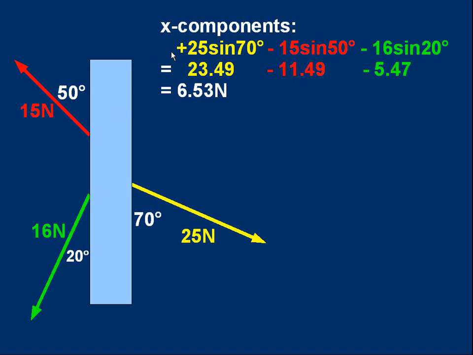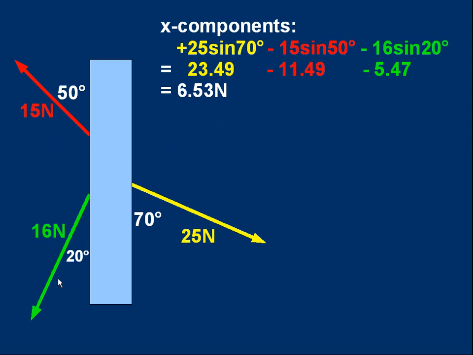And here they are. Start with the yellow force, 25 newtons. The x component, that's a part of it to the right, is plus, because it's to the right, 25 sin 70. The red force has an x component to the left, so its magnitude is minus 15 sin 50.